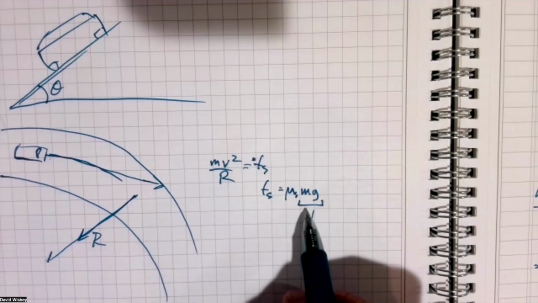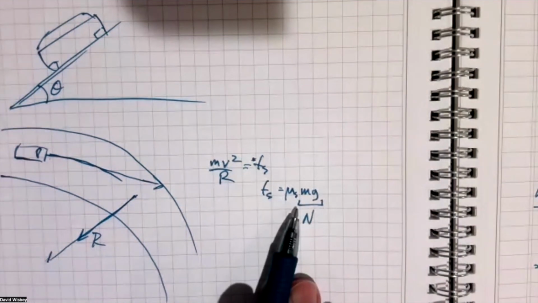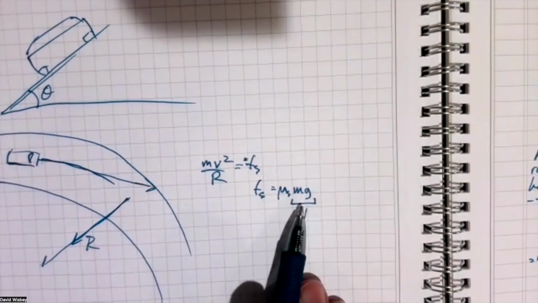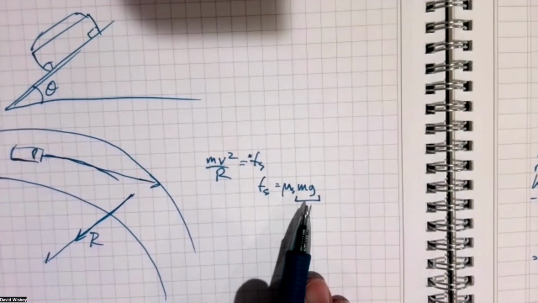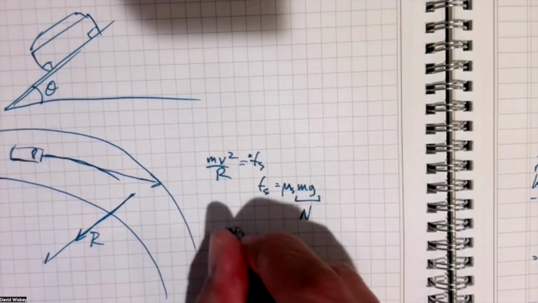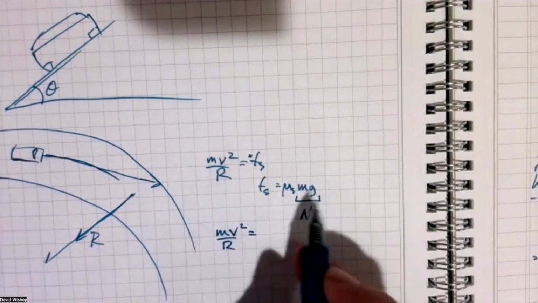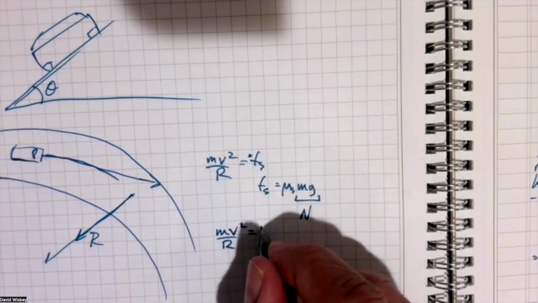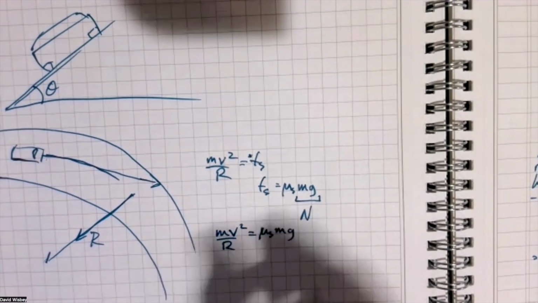So let's solve for the maximum speed that we could go before we started slipping off the road. We've got mv squared over r equals mu_s times mg.